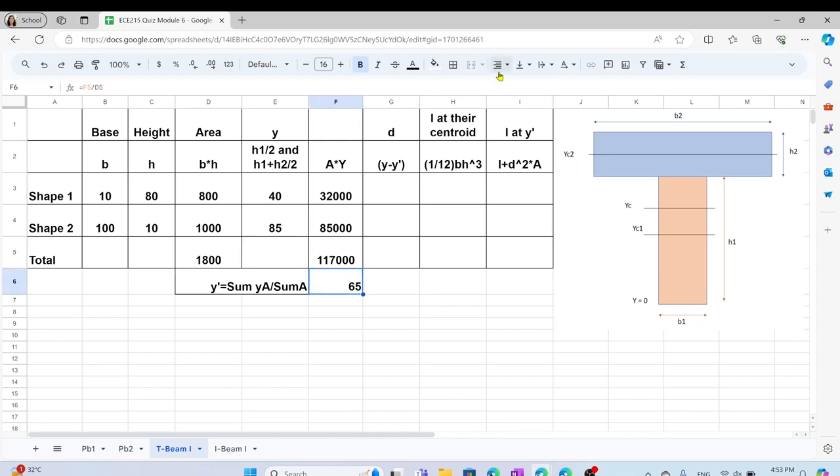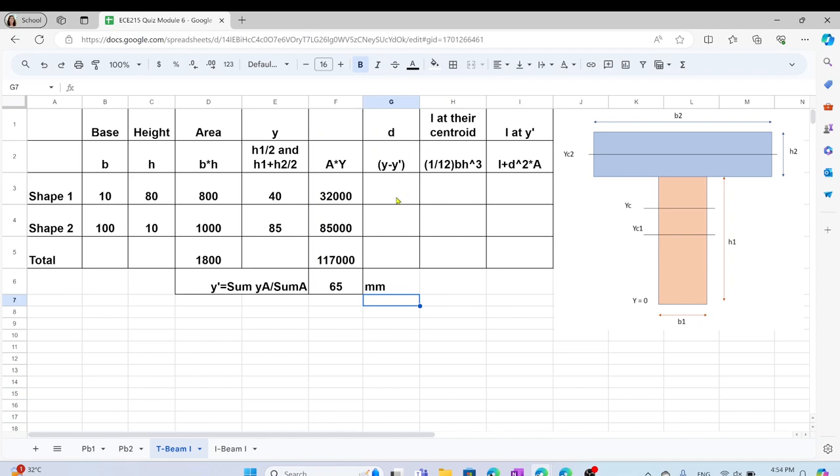So 65, does that make sense? 65 makes sense because H1 is 80, so the centroid of the pink rectangle is at 40, somewhere there. It makes sense that our centroid is lower than the centroid of the pink rectangle because the blue rectangle is attracting that centroid. So this answer makes sense. By the way, this is in millimeters, if you want to write the unit.